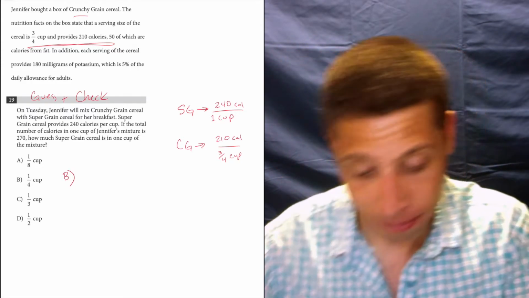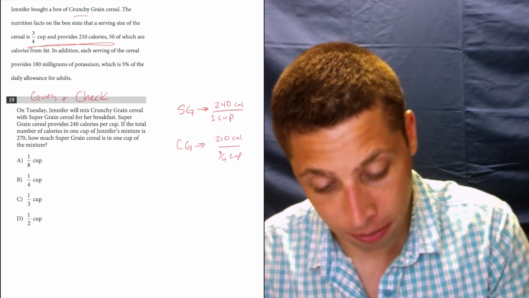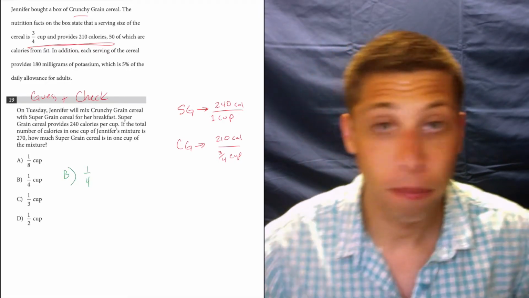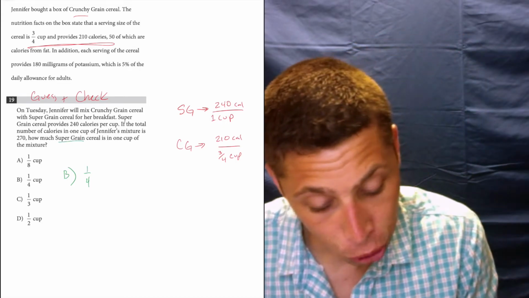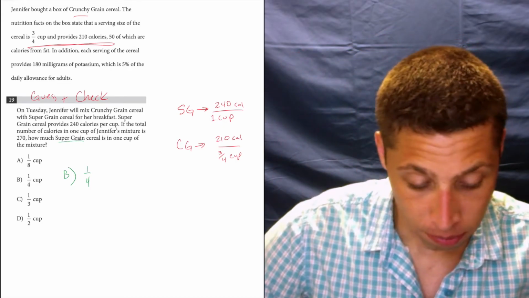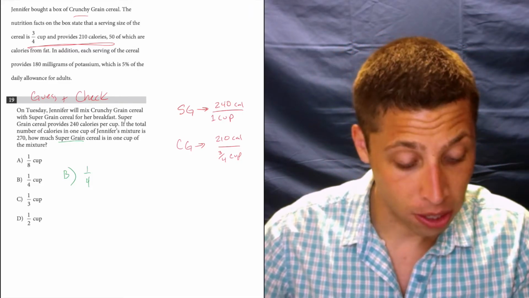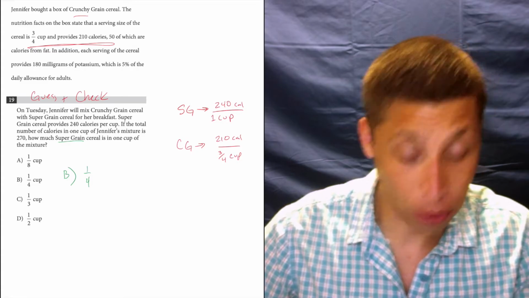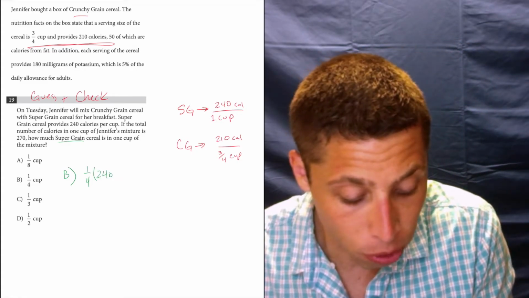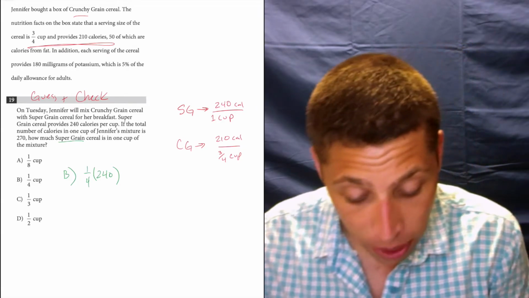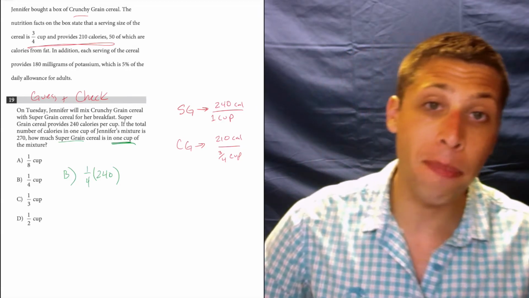So let's try B. In fact, let's use a different color to make it really clear what we're doing now. B is 1/4 of a cup of super grain. That's easy to find because 240 calories per cup means I can just take 1/4 of 240. I also know that I want 1 full cup of the mixture.